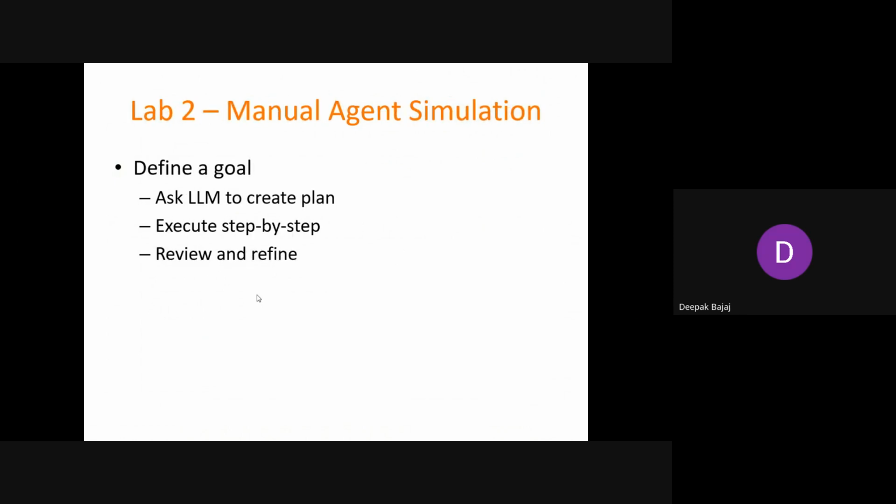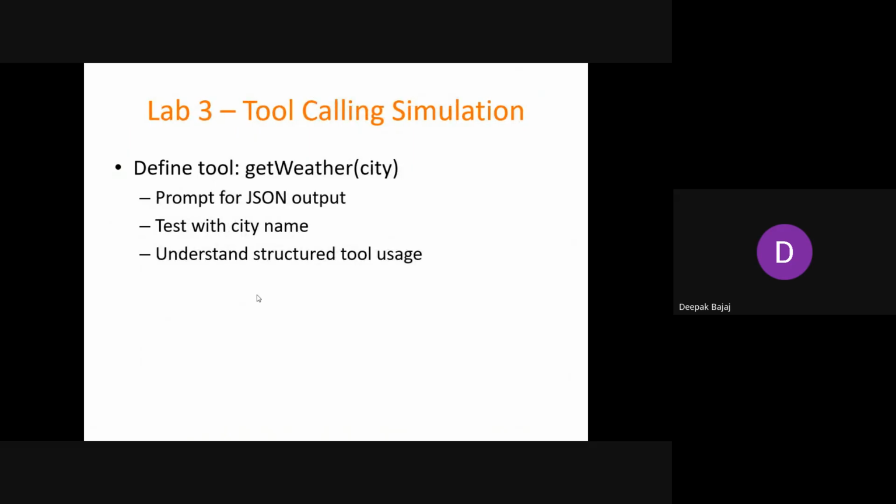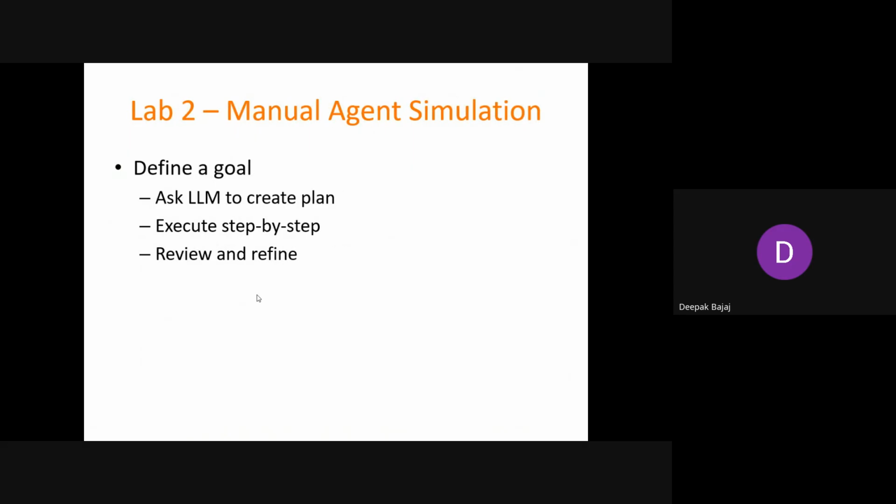First, we will discuss the difference between this and the second lab, manual agent simulation. In the simulation, we ask the LLM to create a plan, because it will respond to whatever instruction we give. Based on that, it will give us a plan, and the agent, with the help of the LLM, will execute step by step.